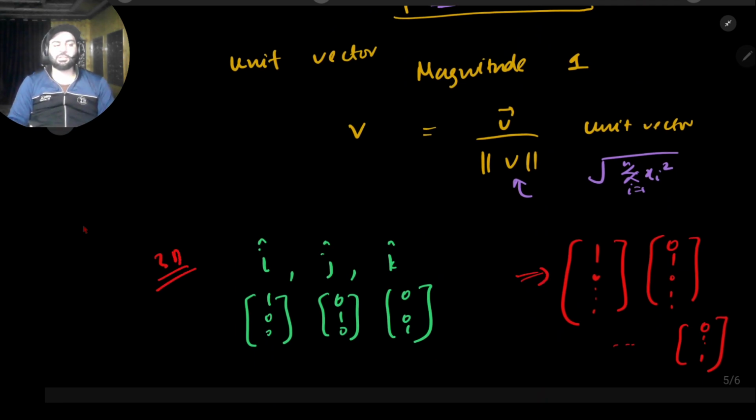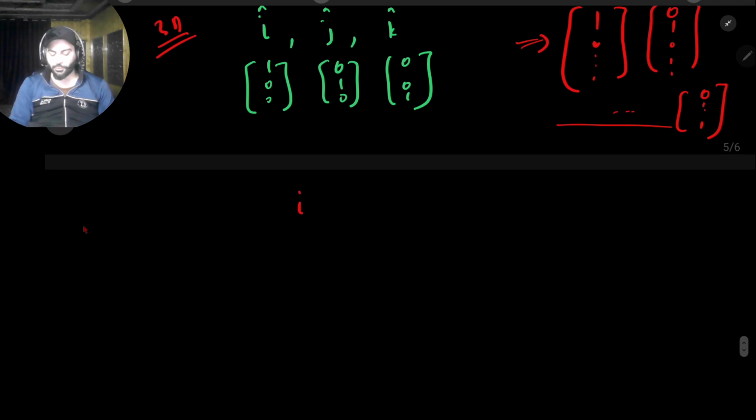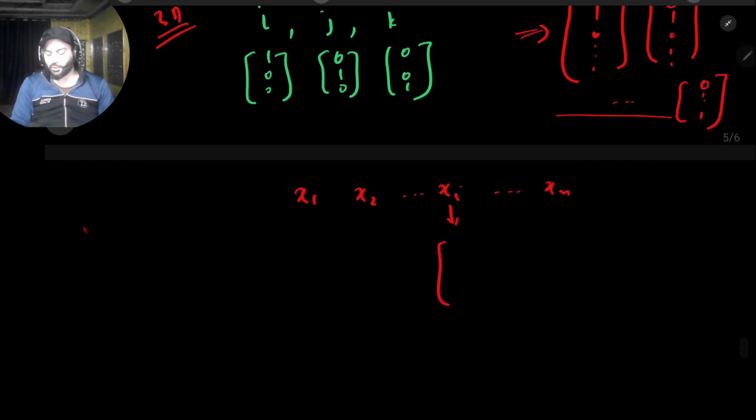In all these vector spaces we have the standard basis. Let's suppose x1, x2, up to xn are the axes. How does the i-th standard basis vector look? It is all zeros, at the i-th position we have 1, and the rest are zeros again. This is what I mean by the standard basis.